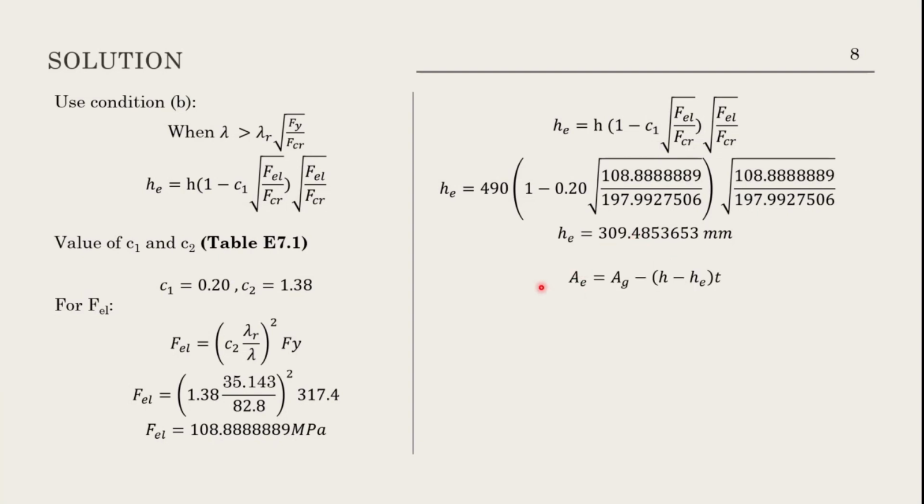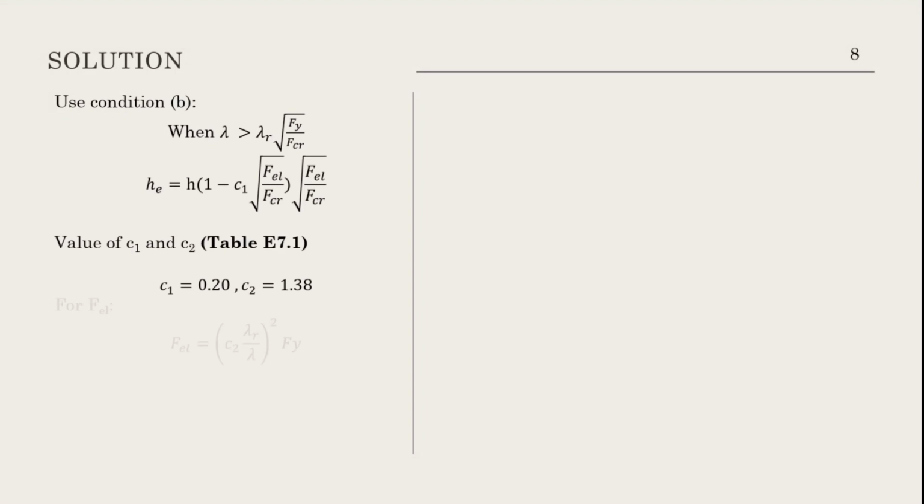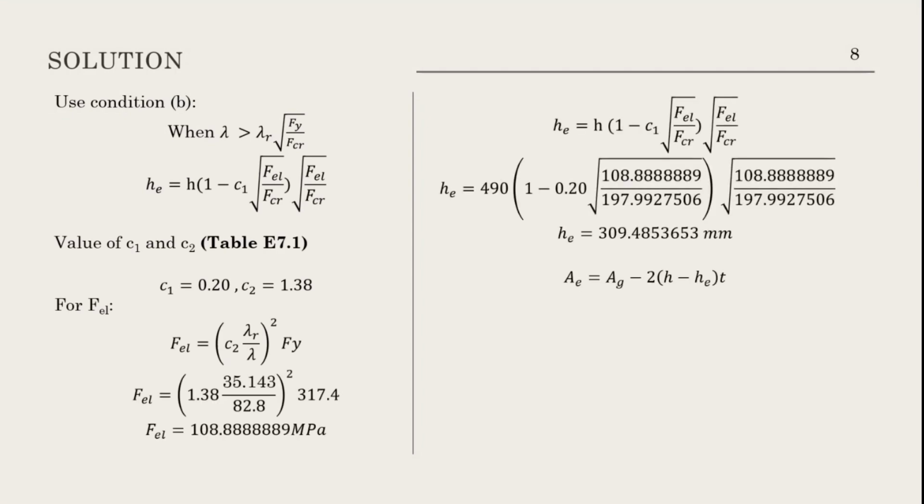Okay. So now let's compute the effective area. We will subtract the reduced area from the gross area. In an HSS, we have two side Bs and two side H. Kasi 'di ba, in total apat yung sides ng HSS. So we have four sides for HSS.